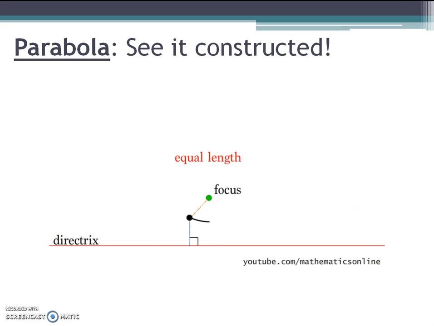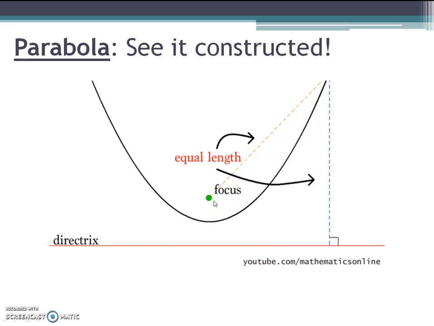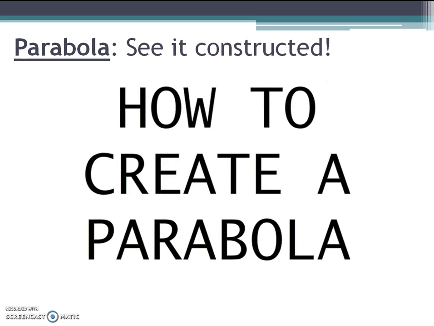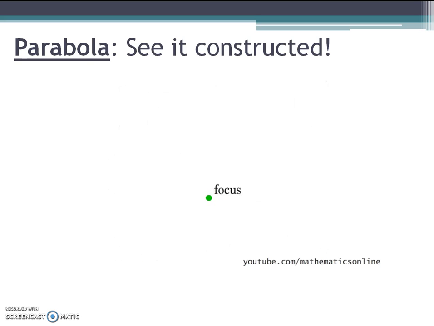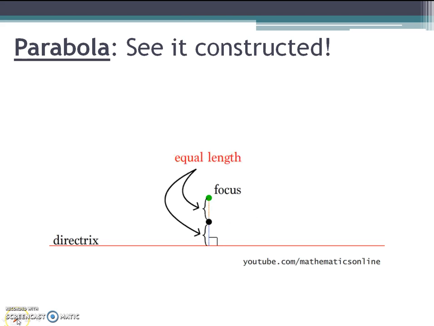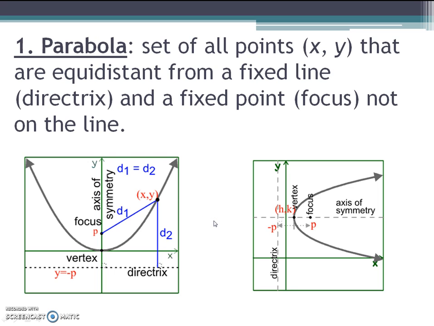And what happens is the parabola is the set of all points that are the same distance, at equal length, from this focus and this directrix. So the parabola is the set of all points that are equidistant from the directrix and the focus. That original point there was what we knew as the vertex.